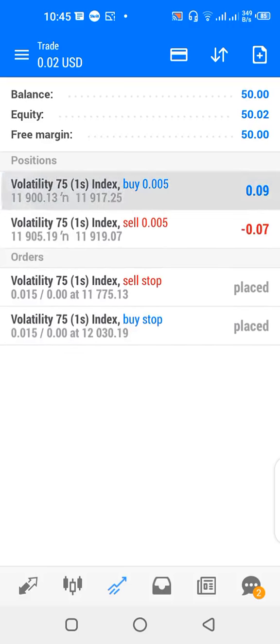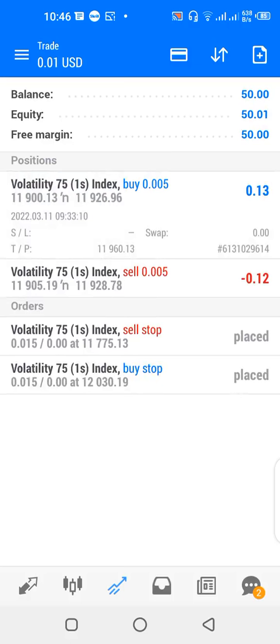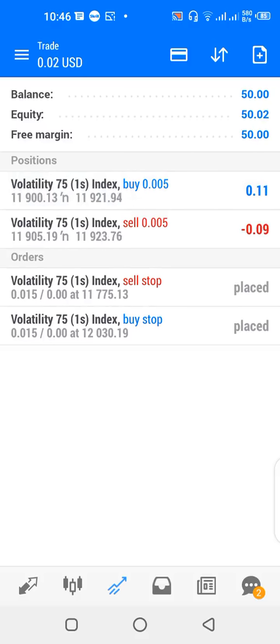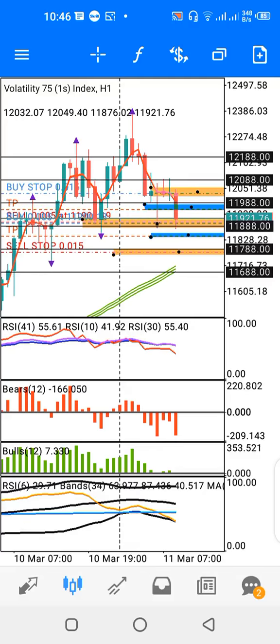So as it is for V75, so is it for V75 1s, so is it for XAUUSD, so is it for EURUSD when using the Grail Hedge strategy. It's just that the settings, the hedge spacing, the take profit point, and the number of pips for the stop loss differ from one instrument or asset to another.